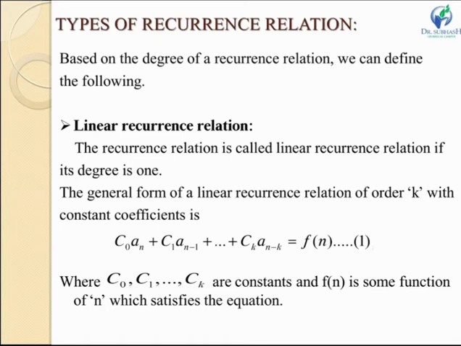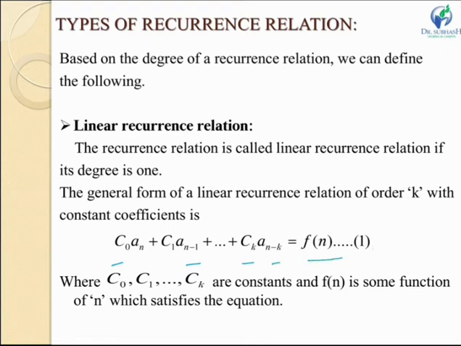The general form of linear recurrence relation of order k with constant coefficients is c0 an plus c1 an minus 1 plus up to ck an minus k equal to f of n.